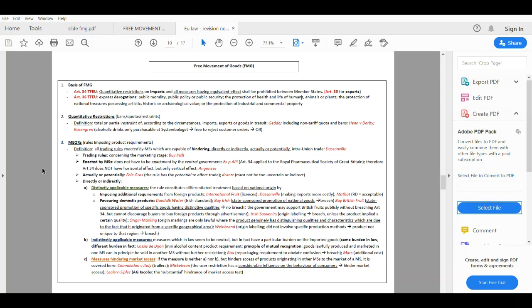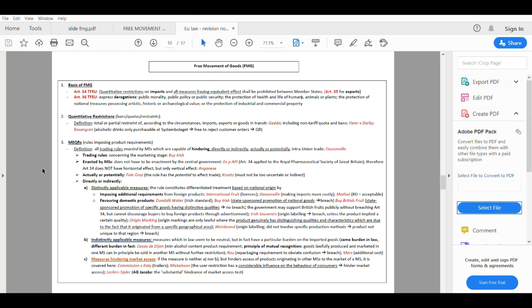For example, you can see the case of Henn and Darby, where the prohibition was related to the ban on pornographic material into the United Kingdom. At that time, it was also prohibited in the United Kingdom to produce any kind of pornographic material or sell it for the purpose of business. So in that case, the measure was genuinely applied for the protection of British public morality, so it was permitted by the European Court of Justice.